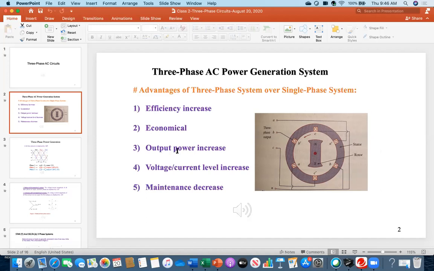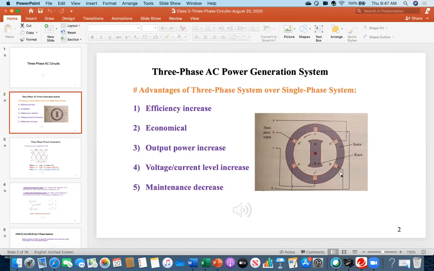And then clearly the output power increases, the voltage level and current level increase, and the maintenance decreases. As I mentioned, if you have three separate single-phase systems, then for maintenance, for overhauling, or if there are any issues, you need three engineers, three operators to work.